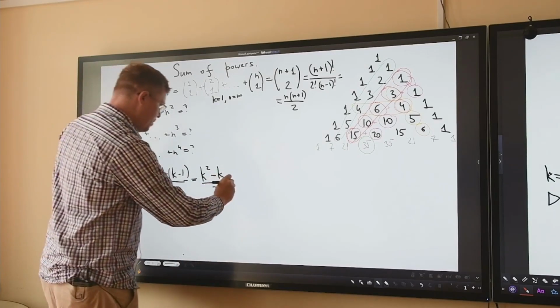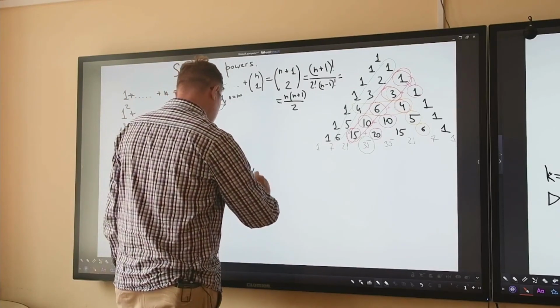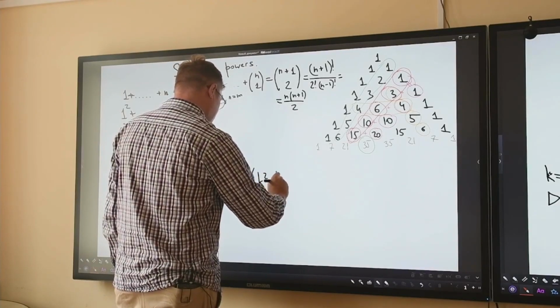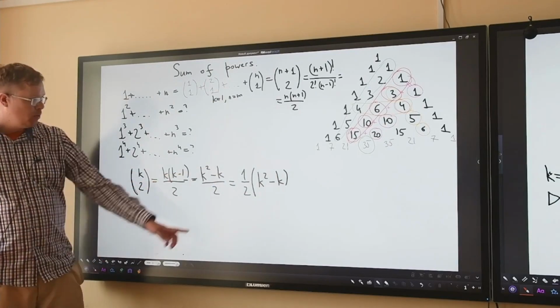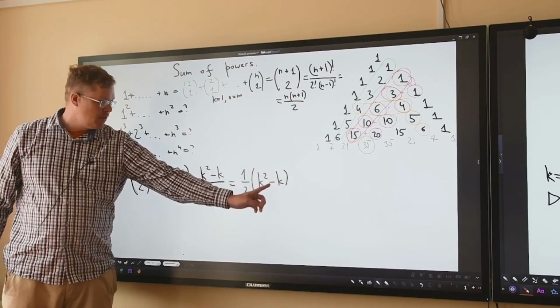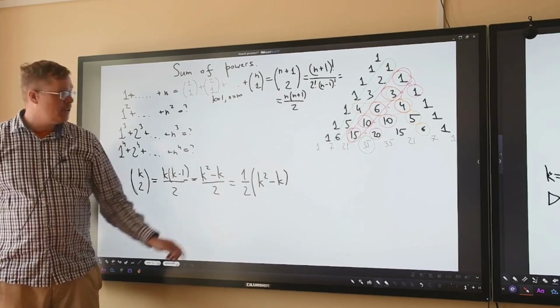So I have k squared, which I need, minus some linear term k, divided by 2.